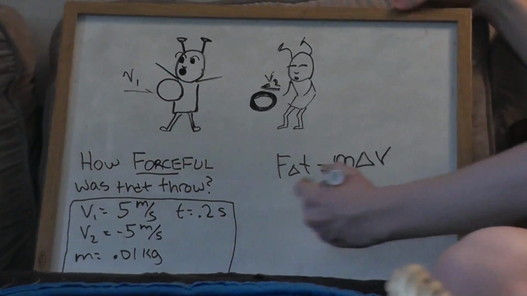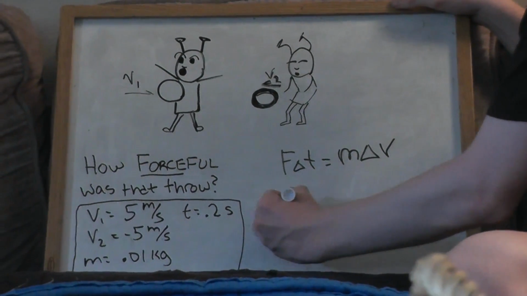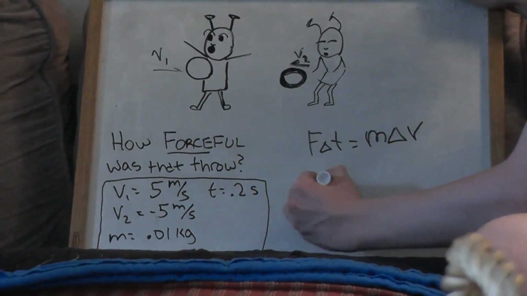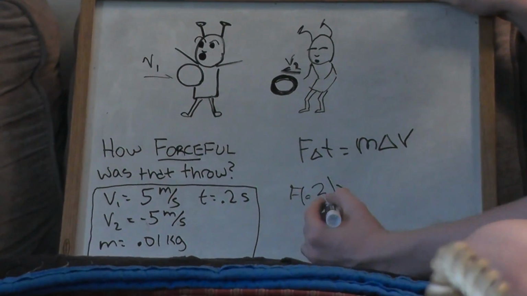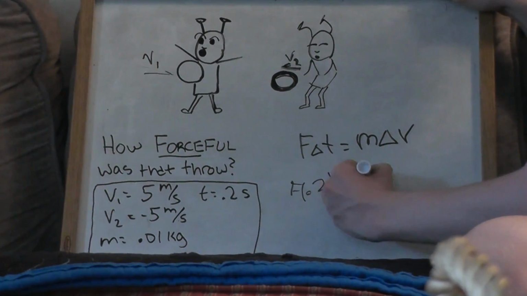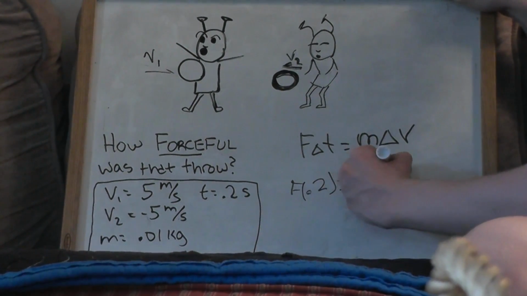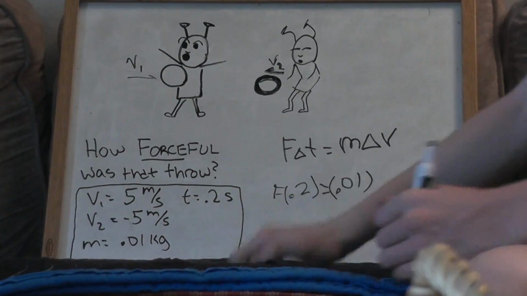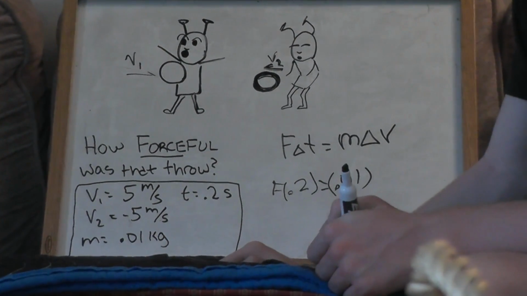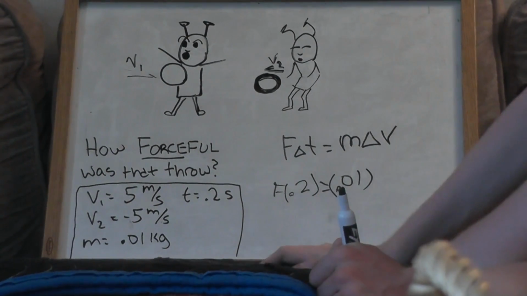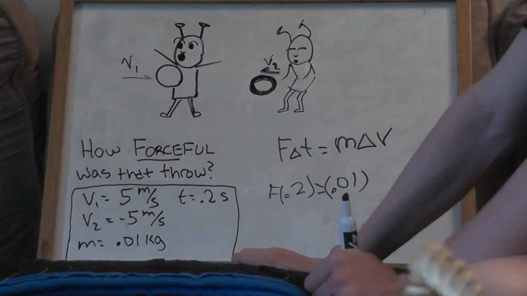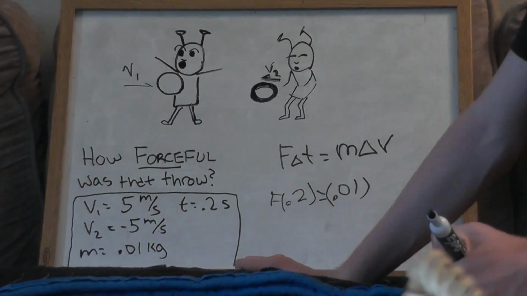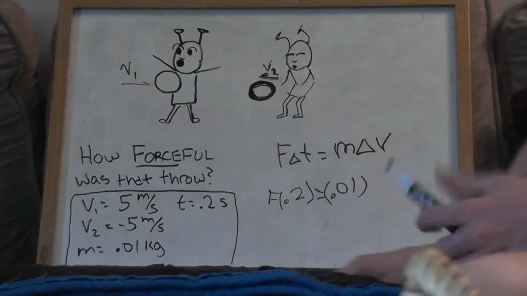Okay, so F times delta t, which is 0.2 seconds, equals 0.01 kilograms times delta v. Delta v is actually 10 in magnitude, because before and after it switched from 5 to -5, so it was actually -10 for delta v.